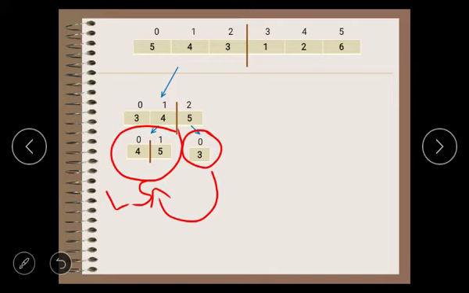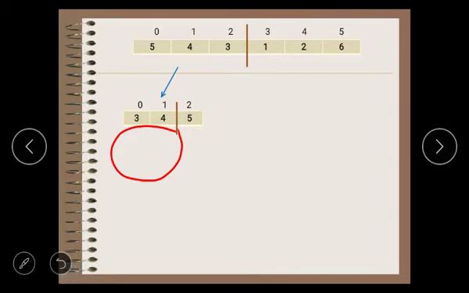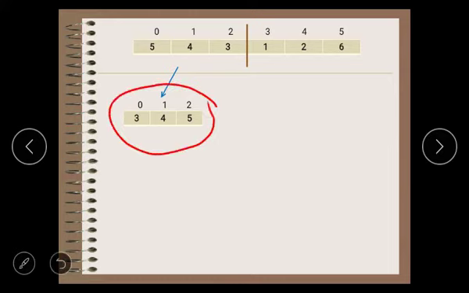So the right sub array has only one element, so we sort this element with the left sorted sublist. Initially we had 5 4 3. After doing this process, we get the left sub array sorted.